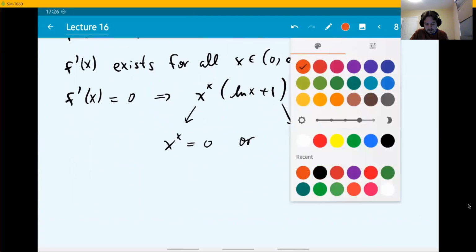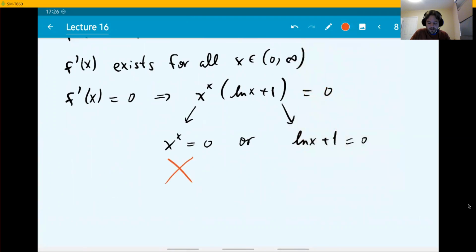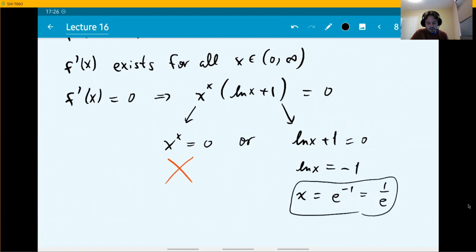Maybe a red x here so we don't confuse this with x. You cannot have a positive number raised to itself be equal to 0. That's going to be also a positive number. But at the second one here, we can solve this equation. ln x equals minus 1, taking the exponential, x equals e to the minus 1, or also 1 over e. This is going to be the only critical point.